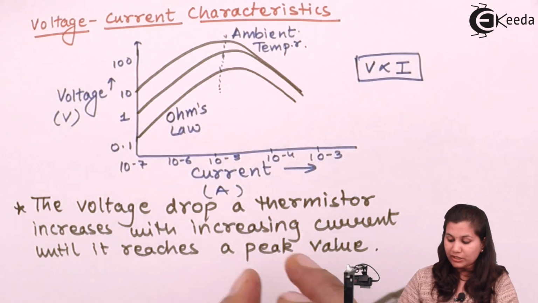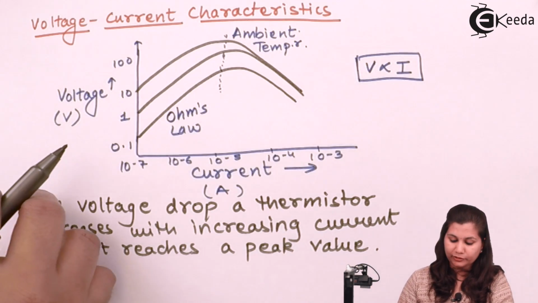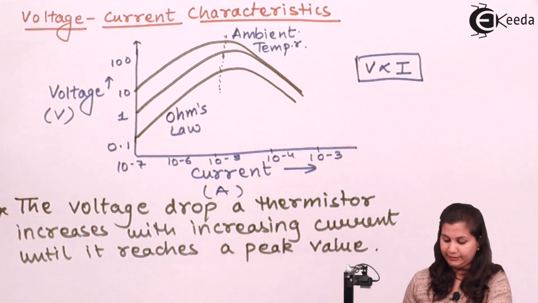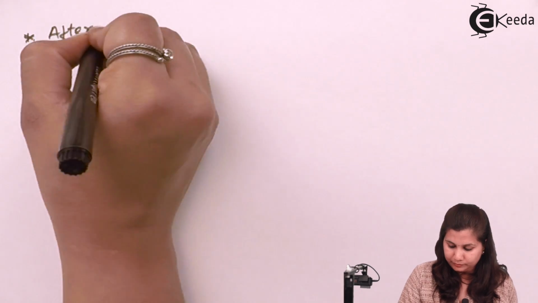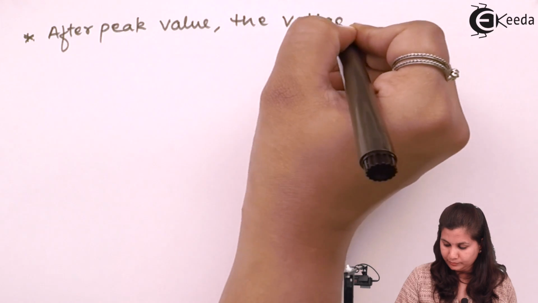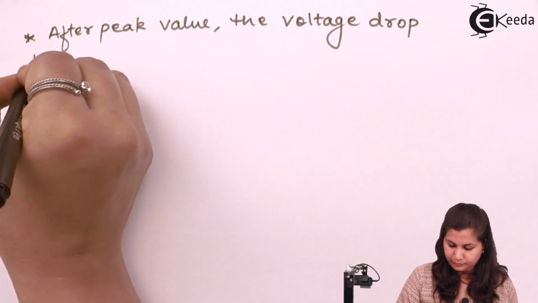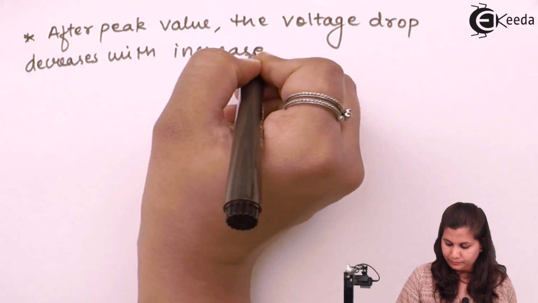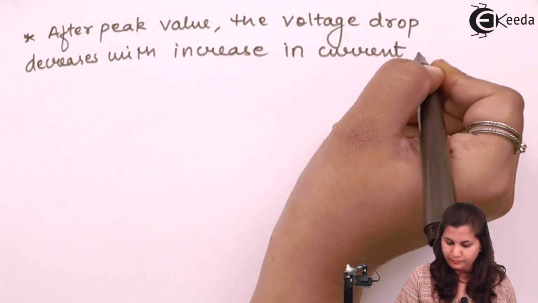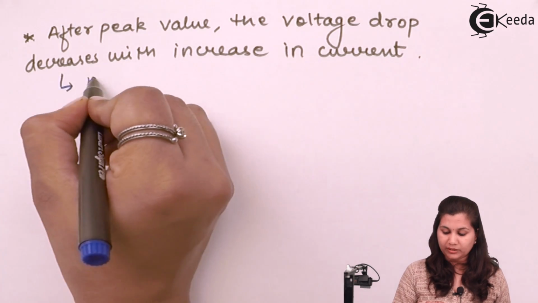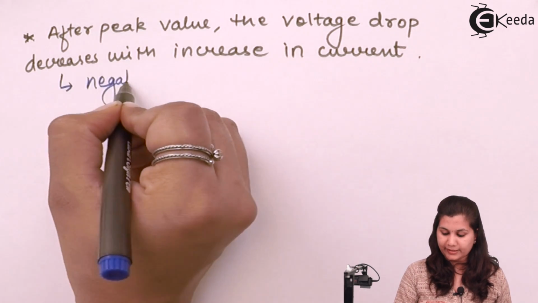Now when it has reached this peak value, after that the voltage drop starts decreasing with the increasing current. And in this range, we can say that the thermistor is showing negative resistance characteristics.